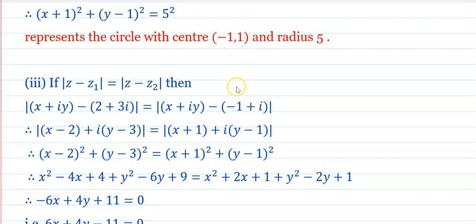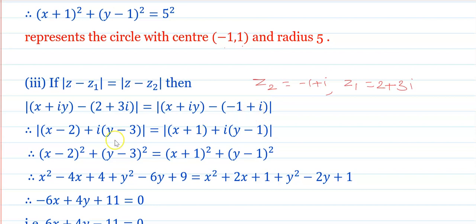Okay. I will write here z2 is equal to minus 1 plus i and z1 is equal to 2 plus 3i. Taking these points, z minus z1, that is x plus iy minus (2 plus 3i), is equal to x plus iy minus (minus 1 plus i).